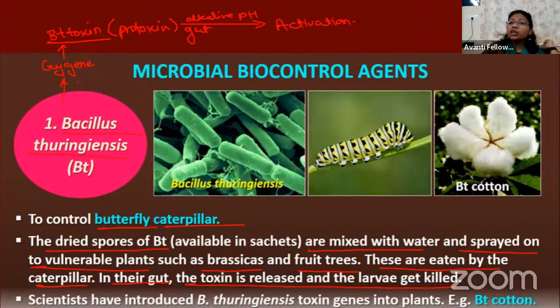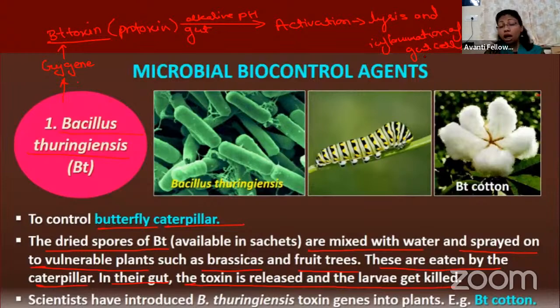Due to the activation of the BT toxin, it starts the lysis and inflammation of the gut cells, right? Due to which the larva get killed by starvation.